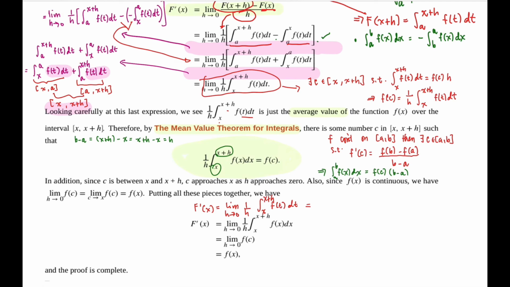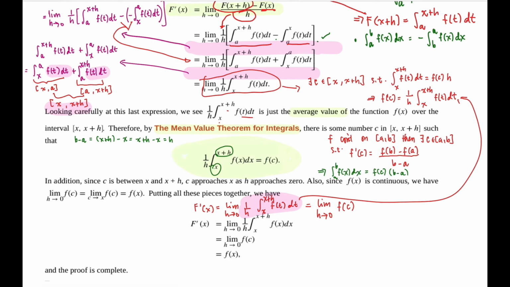And then we know from the mean value theorem of calculus that this is equal to f of c. So this is equal to the limit as h approaches 0 of f of c.